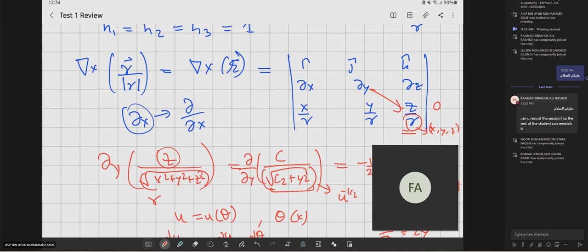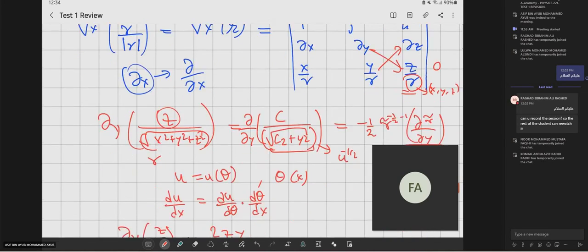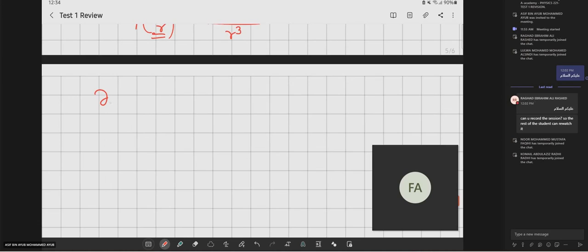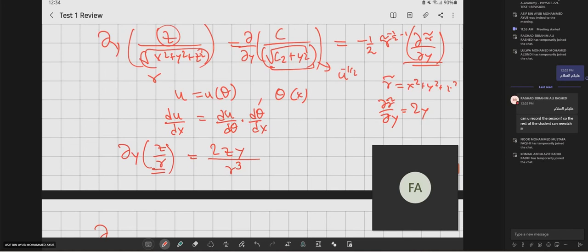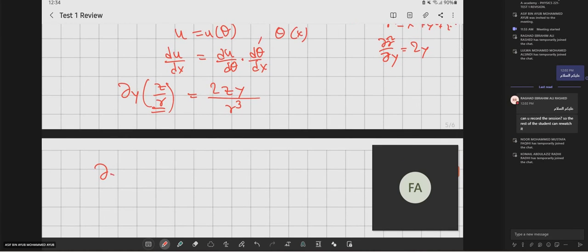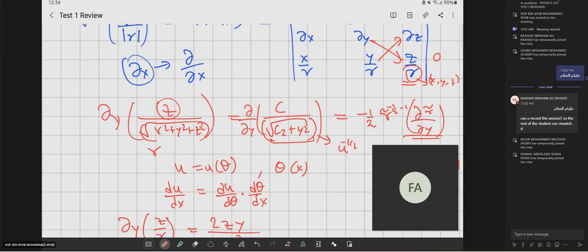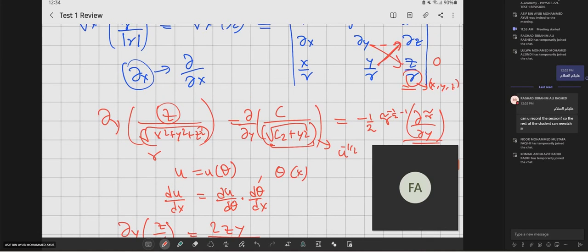And similarly, if I do this, I'll have partial z of y over r. You can check this. This is simply 2yz over r raised to 3. But remember, you have a minus sign when you do this multiplication.